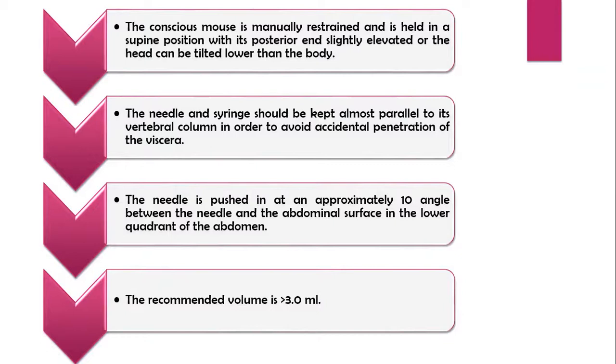The needle is pushed in at approximately a 10 degree angle between the needle and the abdominal surface in the lower quadrant of the abdomen, the recommended volume is greater than 3 ml, and the dose is administered.